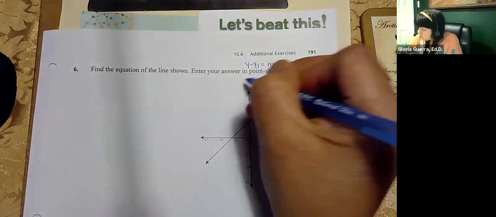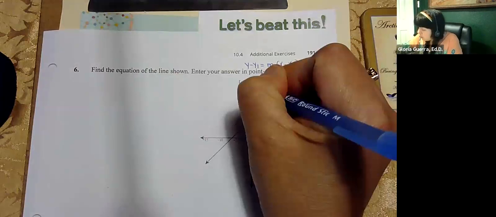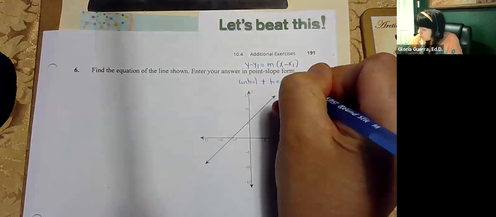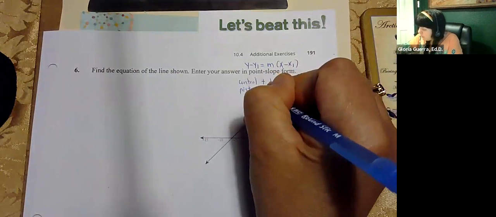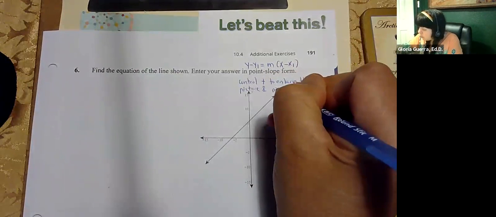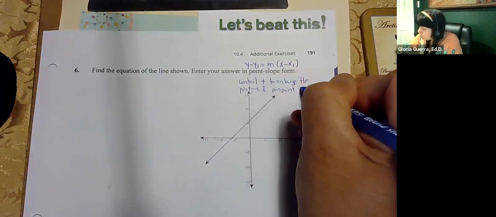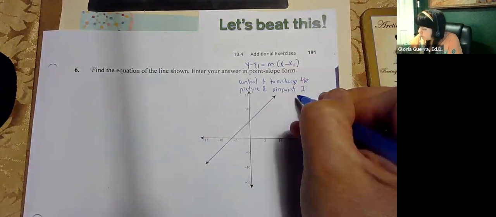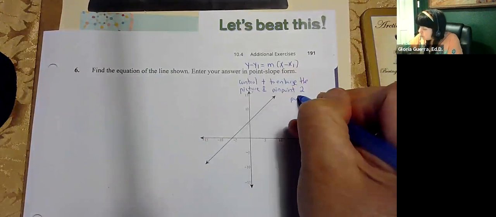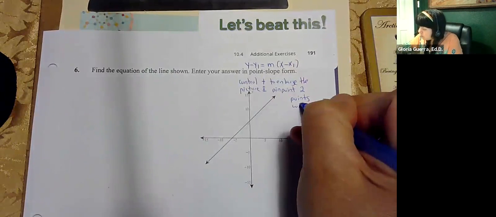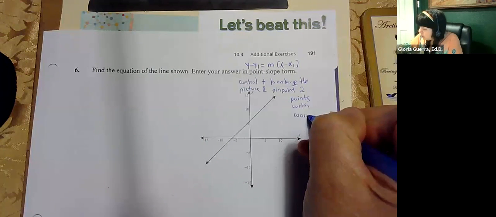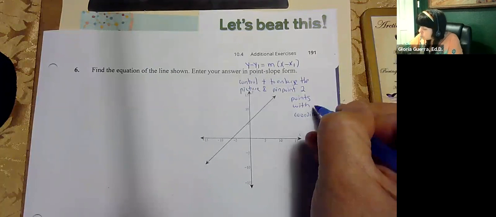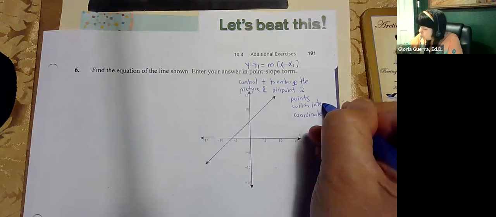So I would make use of Control plus to enlarge the picture and pinpoint 2 points with integer coordinates.